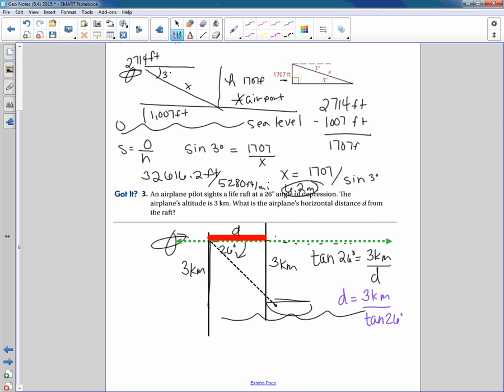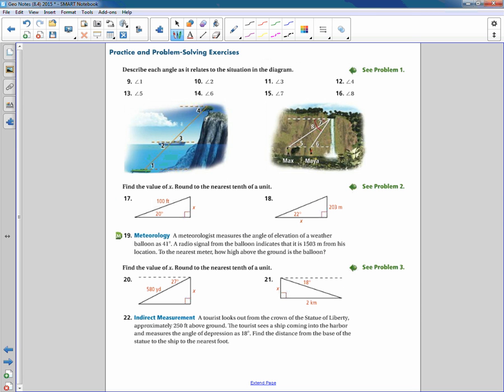So I'll punch that in my calculator. And I get 6.159. So D is about equal to 6.159, or 6.2 kilometers. So the horizontal distance from the airplane to the lifeboat right here is going to be about 6.2 kilometers.